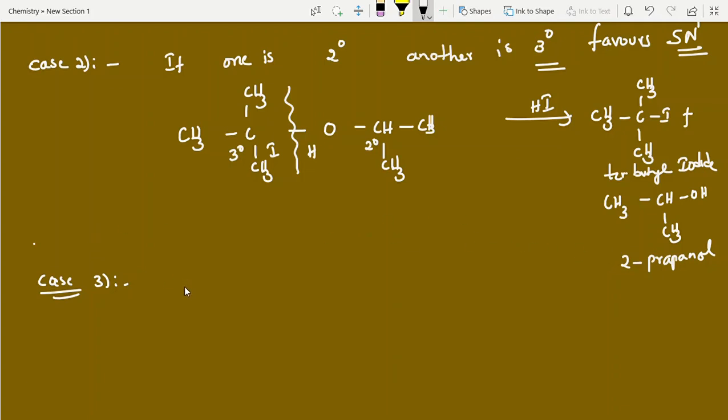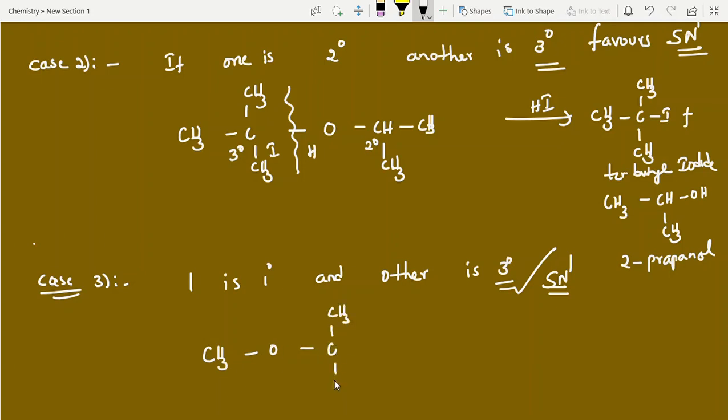Next, case 3. Case 3, one is primary and the other is 3 degree. So 3 degree is there, definitely it favors SN1, right? This is an NCERT question, students. Very important one. Many times they have asked in examination.